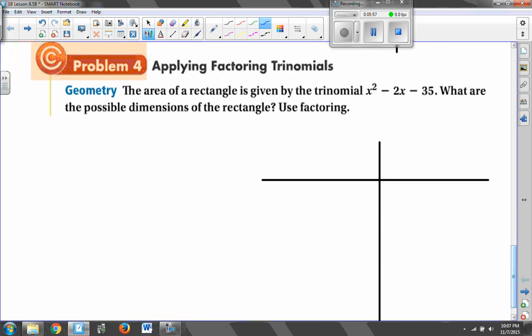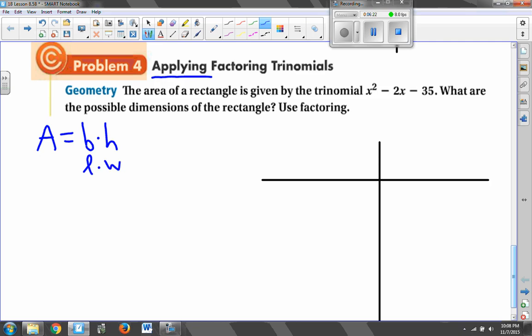The only other thing we need to worry about is some word problems where we apply factoring trinomials. Okay? Here, we're going to apply these trinomials to the area of a rectangle. Now, we know that the area of a rectangle is equal to base times height or length times width or whatever you want.